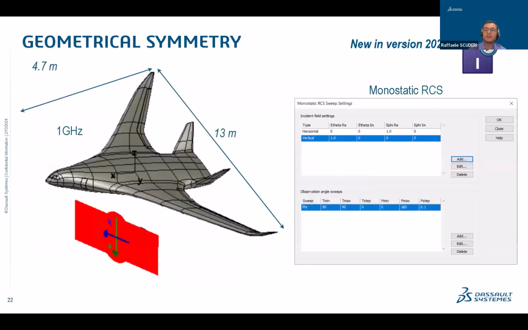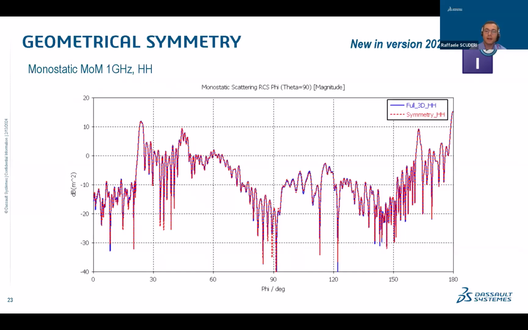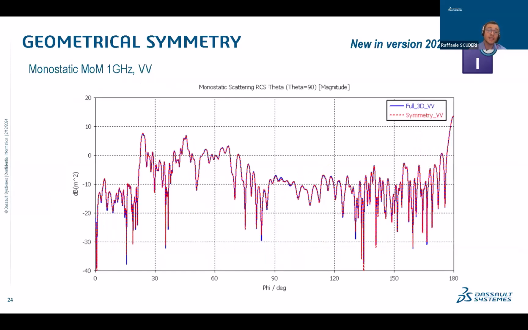And if we consider the example of this aircraft, which is 13 meters of wingspan and 4.7 meters in length, we can see that we can calculate the RCS. Here I've chosen 1 gigahertz, and I'm spanning from 0 to 180 with a step of 0.1. And you can see here the comparison between the full 3D model and the application of geometrical symmetry for HH polarization and VV.